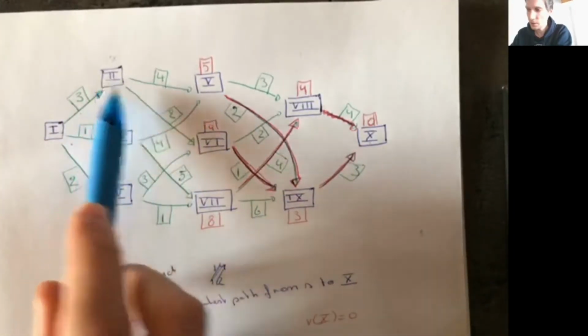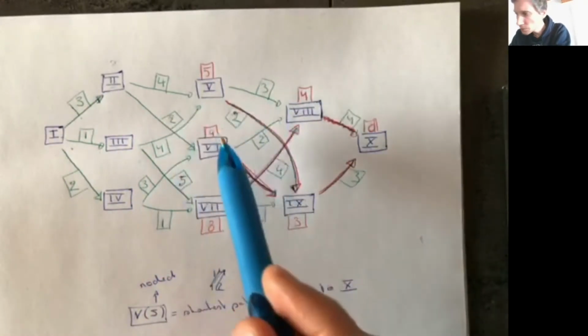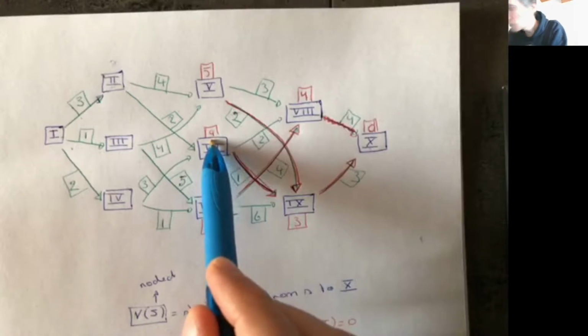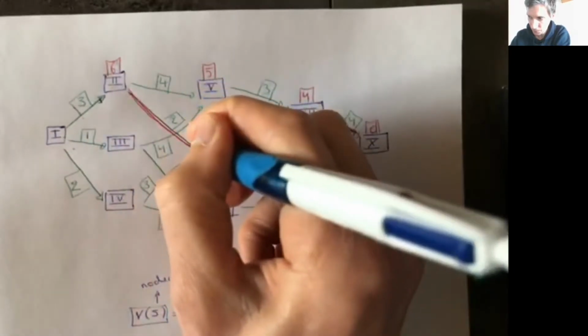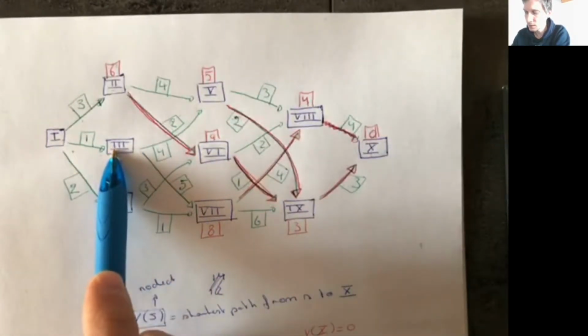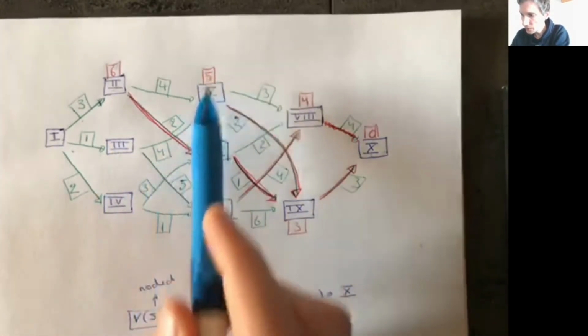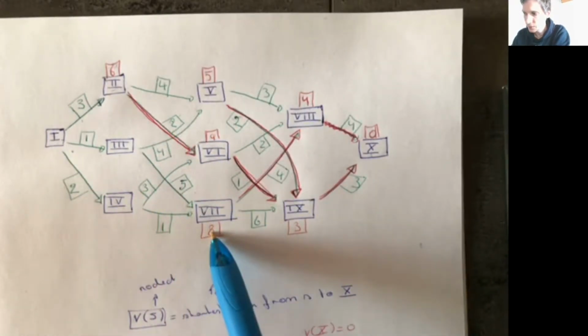From this node, either I take this path as 4 plus 5 is 9, or 2 plus 4 is 6. 6 is shorter here, so I will take this one. Here, either I have 4 plus 5 is 9, or 5 plus 8, which is 13.